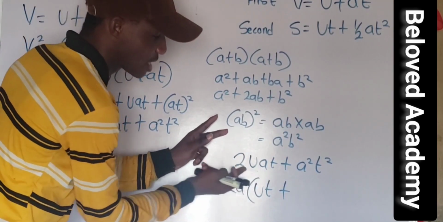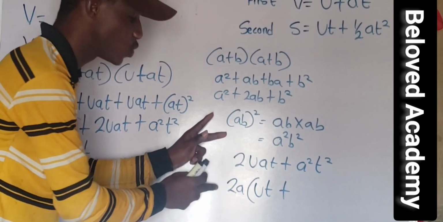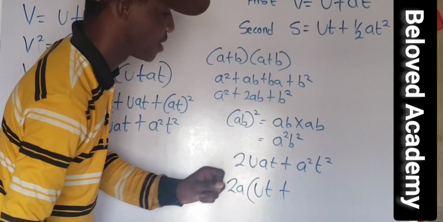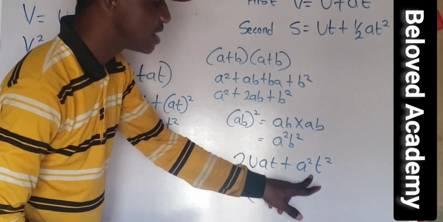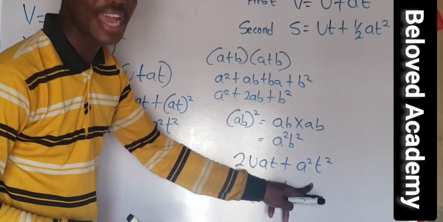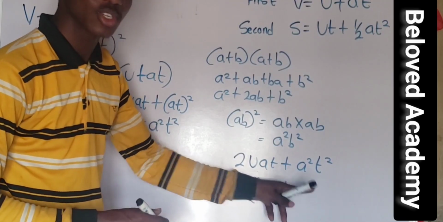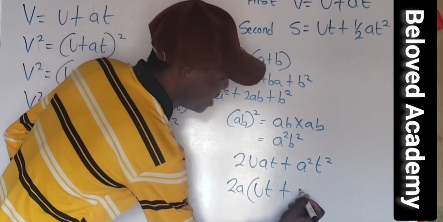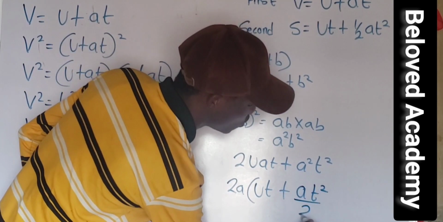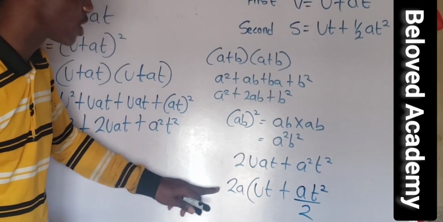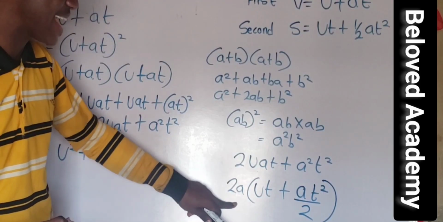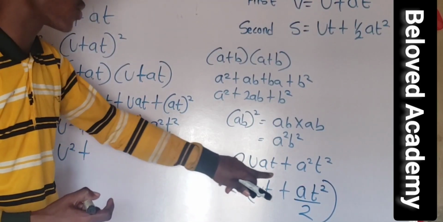I've already factorized 2A out of this term. Now let's go to the second one. We have A squared and T squared. If I want to factorize, I can only factorize A out of this expression, so I'm going to have AT squared all over 2. By the time I open this bracket by this 2A, I'm still going to have something like this.